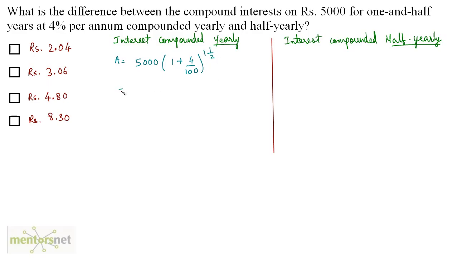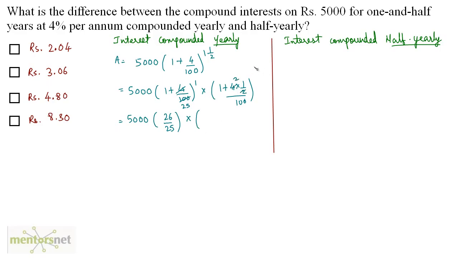Right. Now this can be written as 5,000 into 1 plus 4 upon 100 raised to 1 times 1 plus, the fraction will be multiplied with the rate, so 1 plus 4 into 1 by 2 upon 100. Okay, so we have 5,000 times, if I divide 100 by 4 and 4 by 4, so that's 1 by 25. So 25 times 1 plus 1, that's 26 by 25 times, you have 2 times 2 is 4 and 2 times 50 is 100.